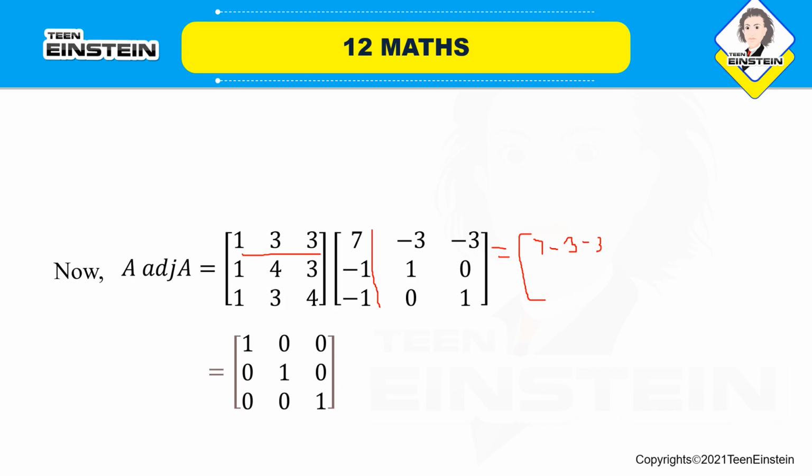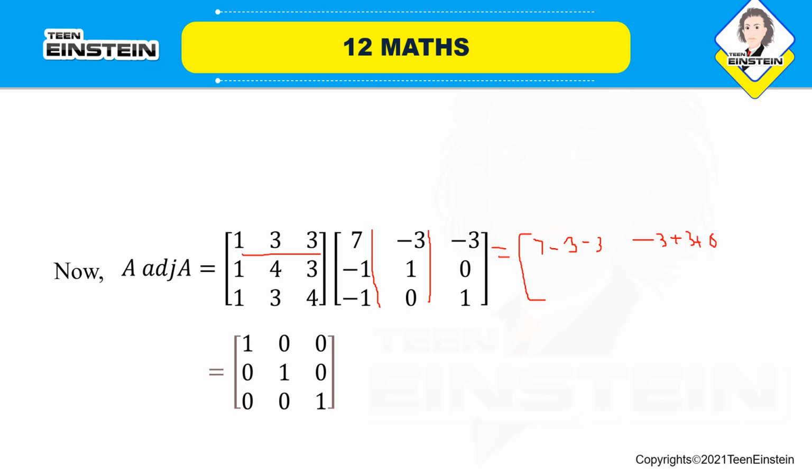Then first row, second column gives you the second element, that is 1 2 position. It is 1 into -3, -3. Okay. Then 3 into 1, 3. So plus 3. 3 into 0 is 0. So plus 0, right?